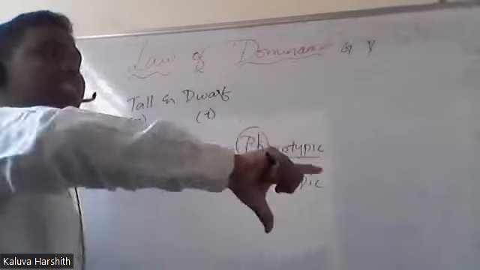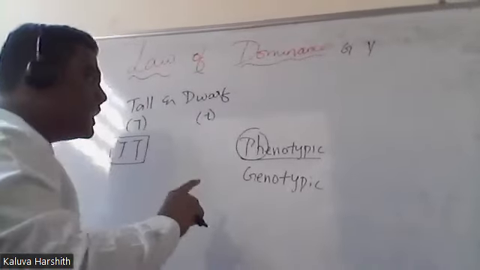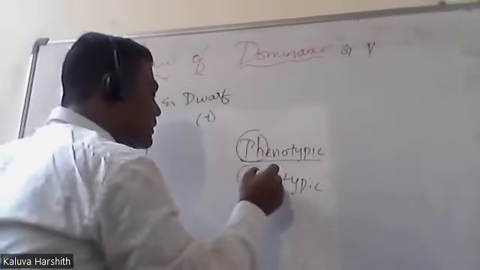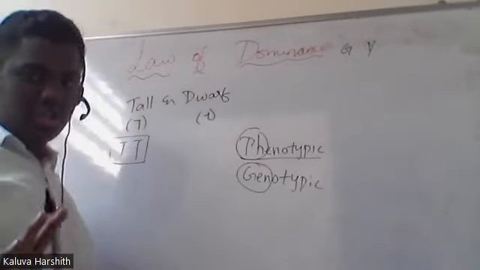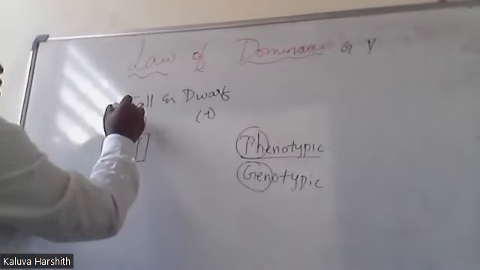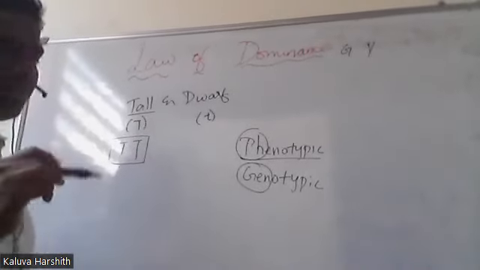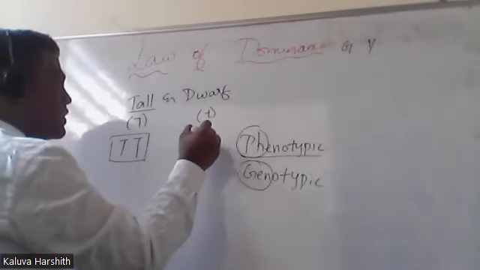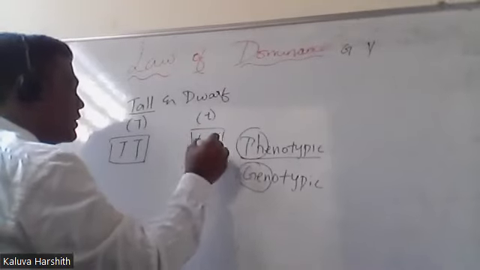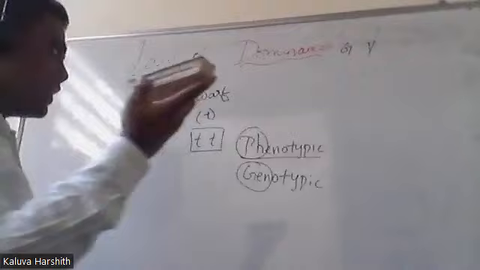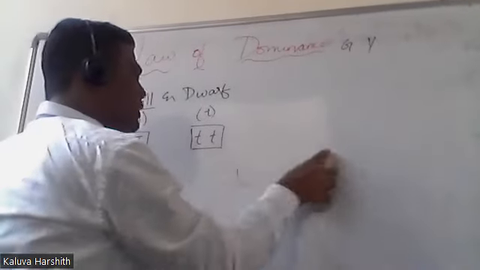The plant is physically tall, but genetically it may not be capital T only. So genotypic means genetic combination. Whatever I have written as tall is the phenotypic character, while the capital T and small t that I have written are the genotypic combination. These two terms are clear now.